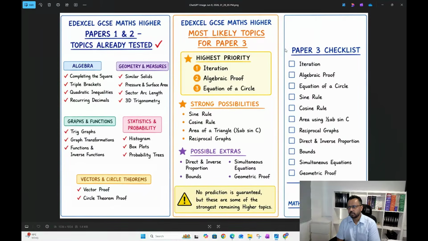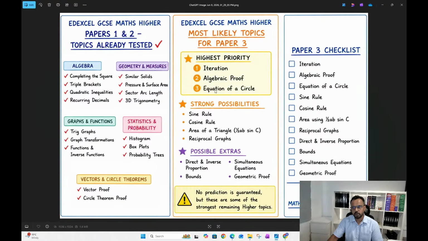So we'll quickly look into what sort of things I think are likely to come up in your paper. In paper 1 and 2, we've already seen the things on the left-hand side of the screen. We think the things on the right-hand side, like iteration, are very likely to come up.